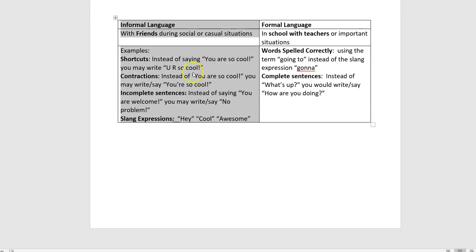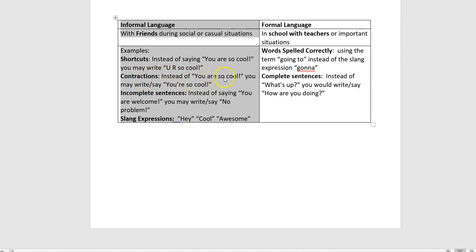You wouldn't use this kind of language, you are so cool, when writing to a teacher or a parent. You would use the word you and the word are. Also, another part of informal language is when you're using a lot of contractions.